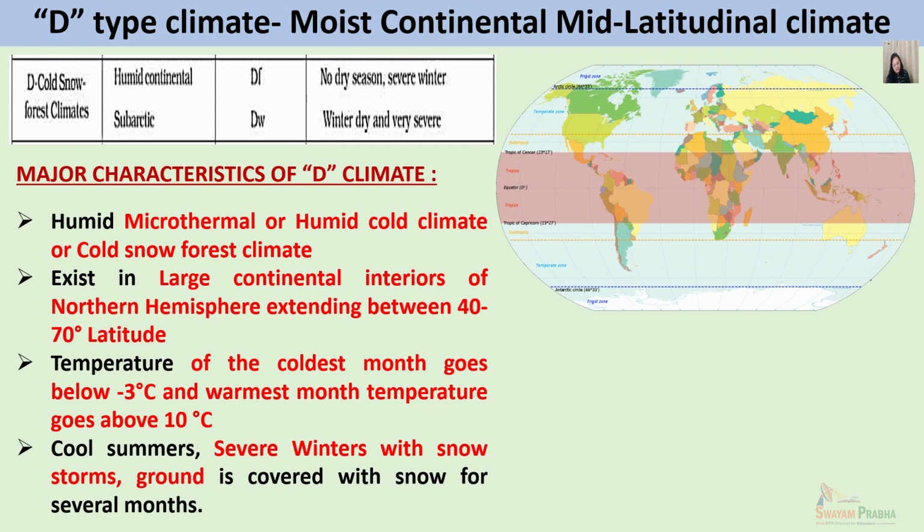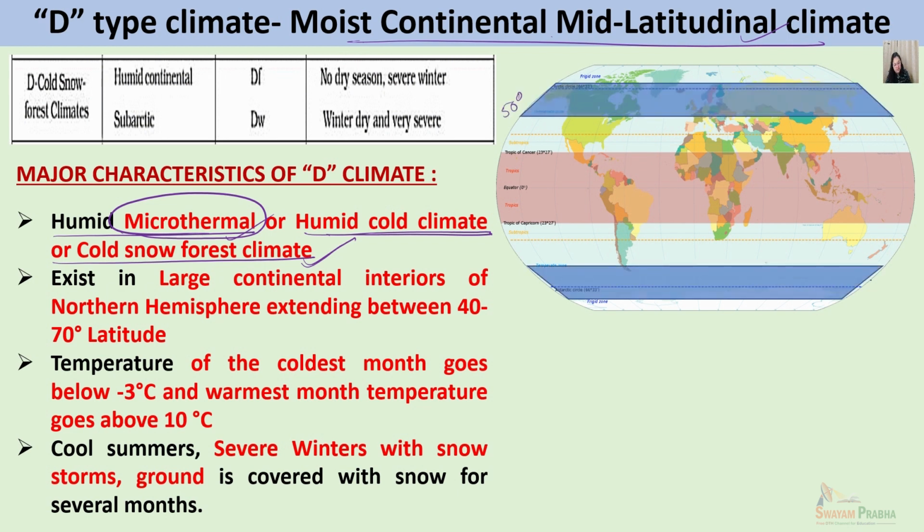These areas correspond to humid microthermal or humid cold climate or cold snow forest climate. So these are the names of the same type of climate. Besides moist continental mid-latitudinal climate, D type of climate are also known as humid cold climate or cold snow forest climate. And these areas have microthermal kind of vegetation.